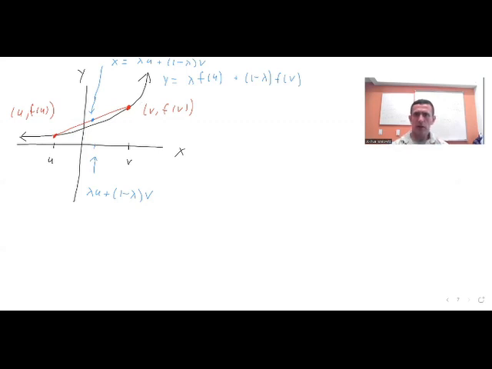On the other hand, let's do a different color. This point here, same x value, but the y value, to put it here, is, well, f of this x value.